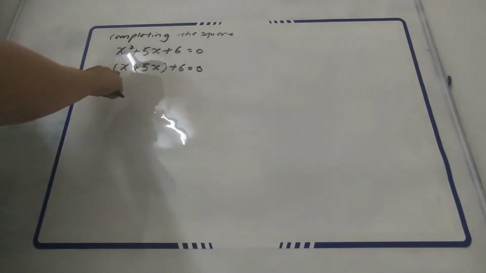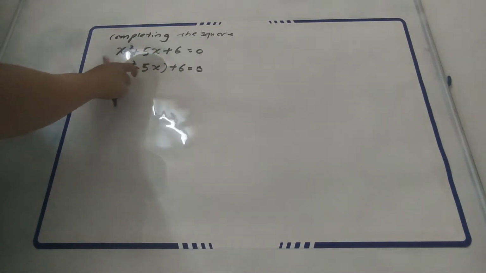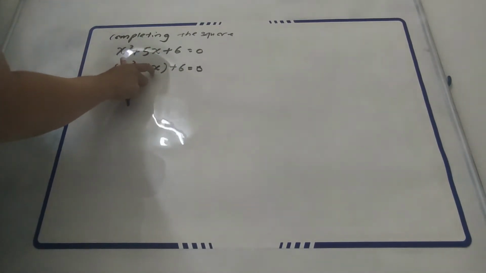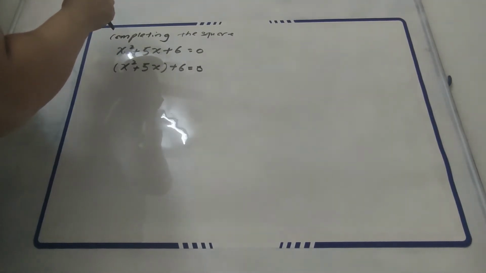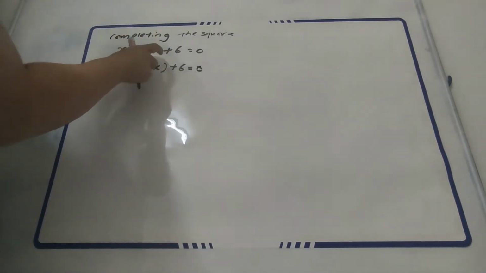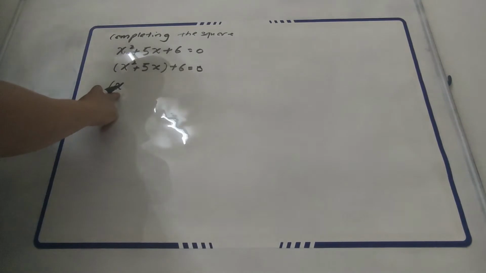And then make the whole variable here, the x squared and the x, become just the x squared. It means you can write it this way: x times x equals x squared.